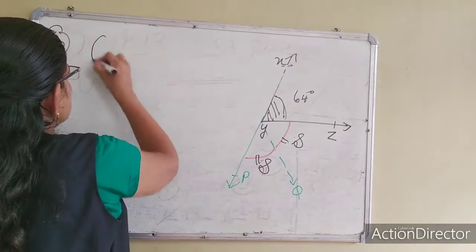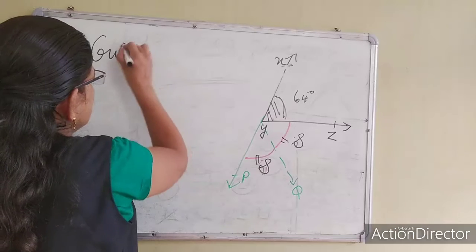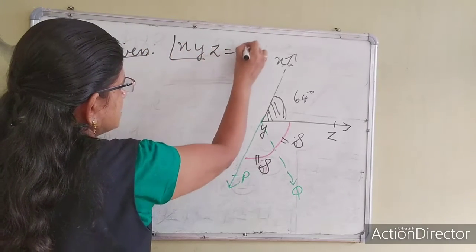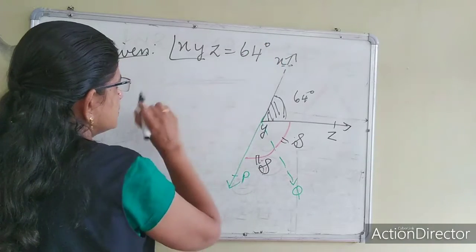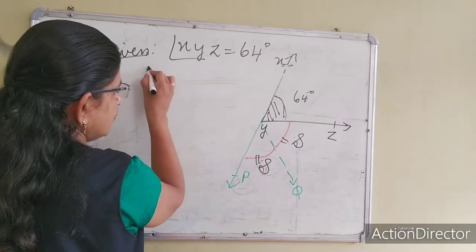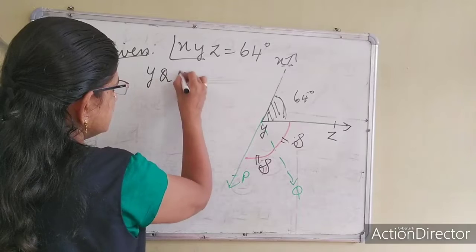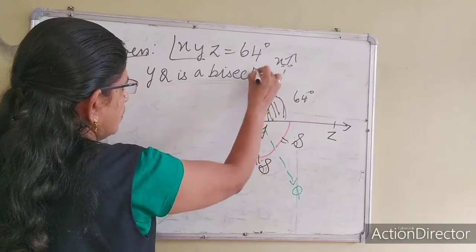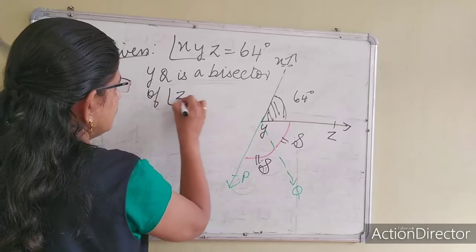So first you write what is given. Given angle XYZ is equal to 64 degree and YQ is a bisector of angle ZYX.